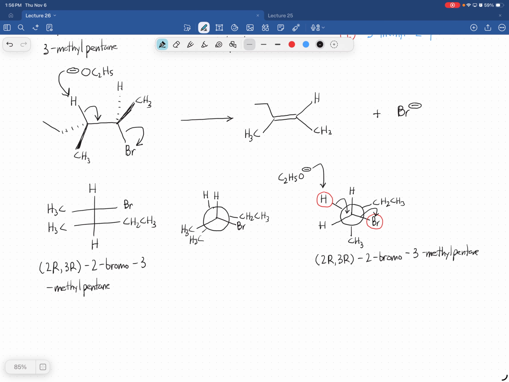So in this Newman projection, why is it more stable than the other one we drew before? No longer eclipsing, yeah. And the groups, relative to the eclipsing one, how far apart are they? The groups are further apart, right?